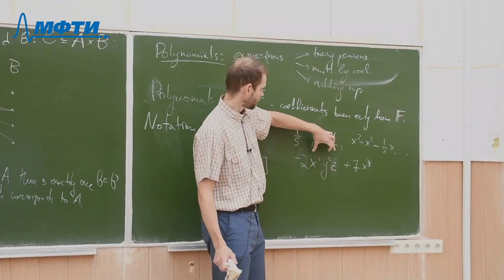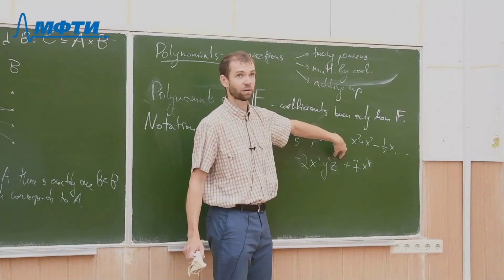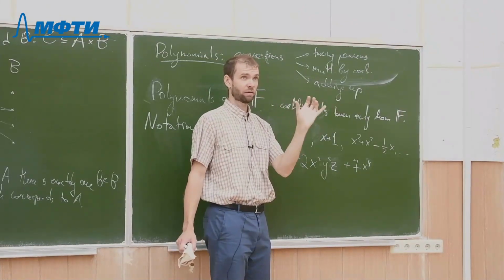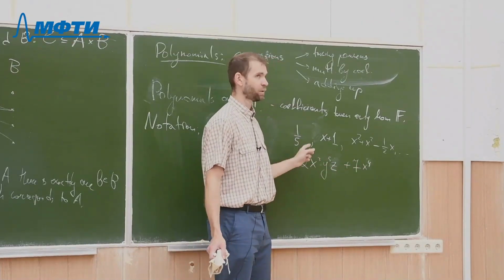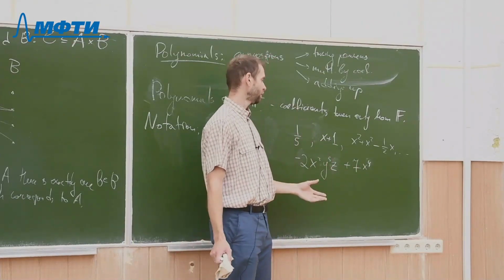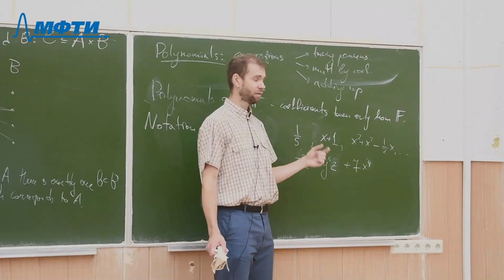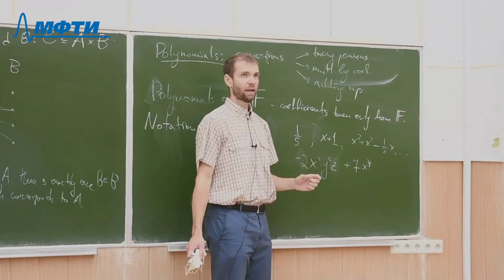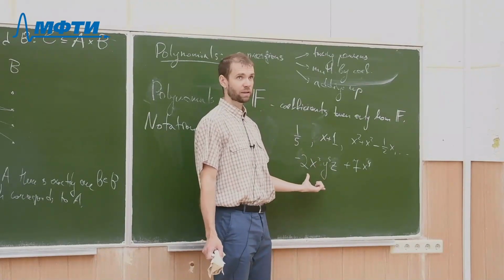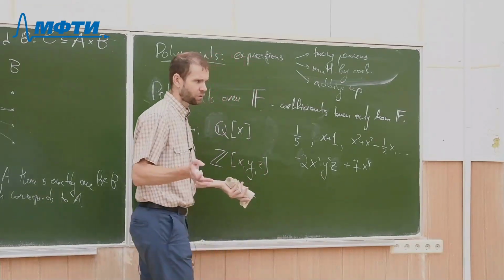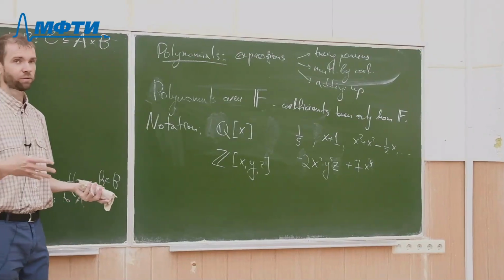The total highest degree is this one, so it has degree 9, 3 plus 5 plus 1. But when we're just considering the degree over x, then this guy wins, right? So the degree of the whole polynomial over x is 4. The degree of the polynomial over y is 5, and the degree of the polynomial over z is 1, and the total degree of the polynomial is 9, provided by this guy. So just two different ways to compute a degree: a total degree or a degree over some variable.